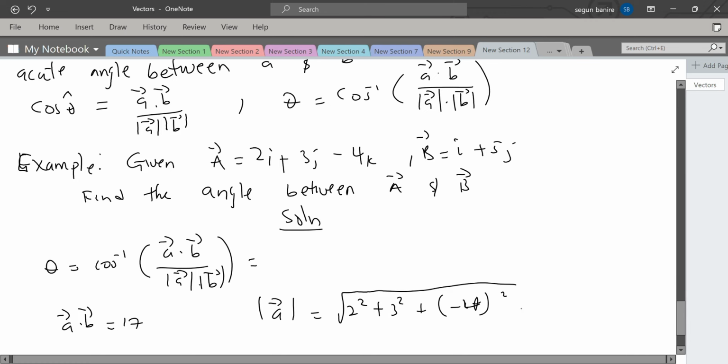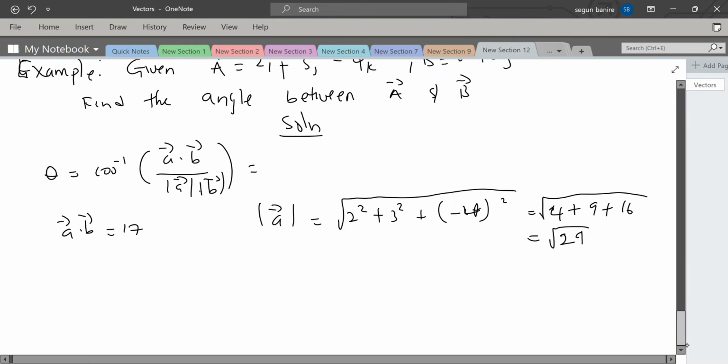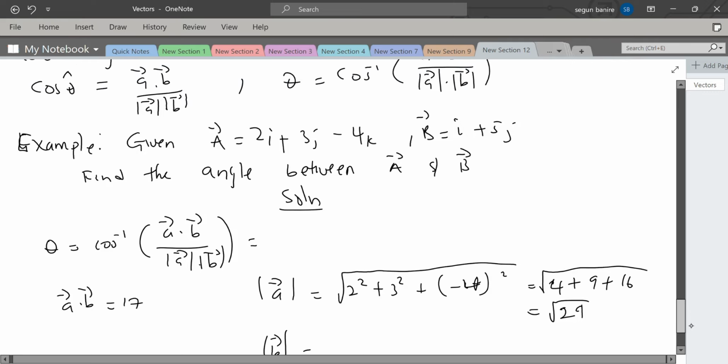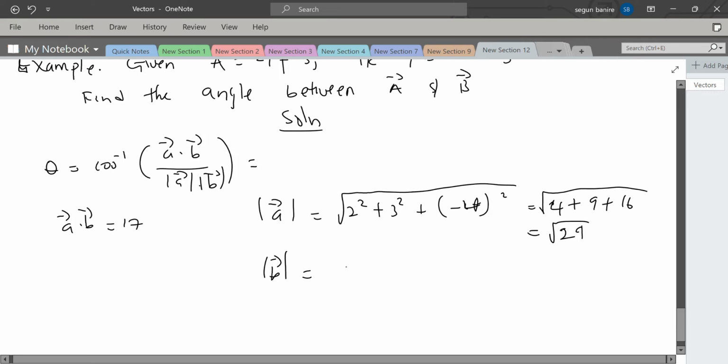So this will be 4 plus 9 plus 16, and that will give you 29. Then for B, we get the square root of 1 squared plus 5 squared, so that is 26.